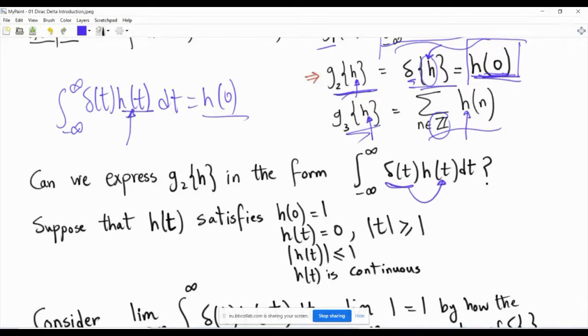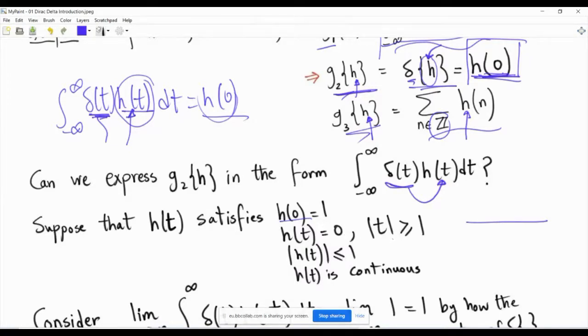For this discussion to be rigorous, we would need to exactly define the space of functions that we accept as inputs, but just to make things simple, I will think of functions that are continuous. Basically, the value of the function at 0 is 1. This means that if you multiply by this function, if it exists, and you integrate, you should get a 1, since h of 0 is 1.